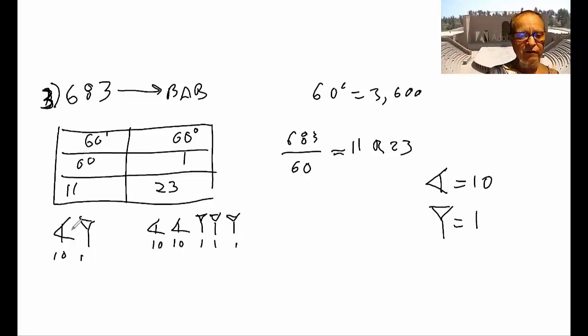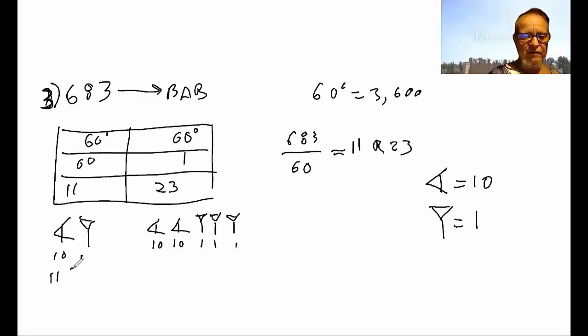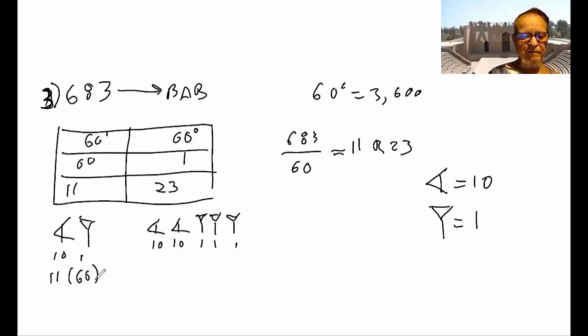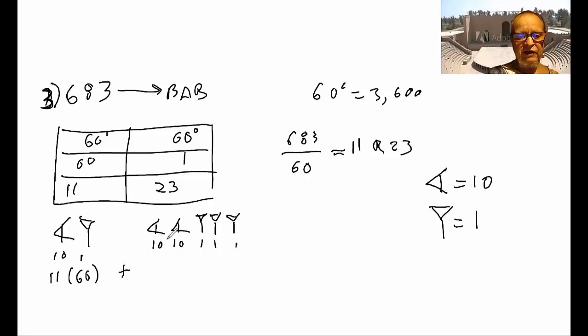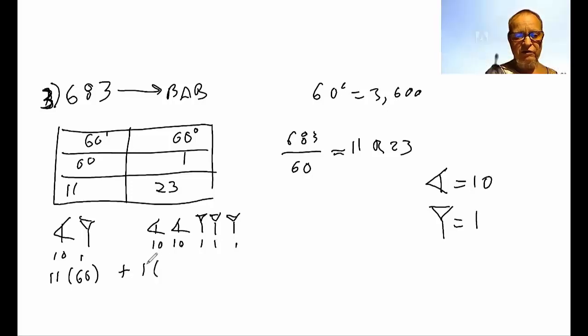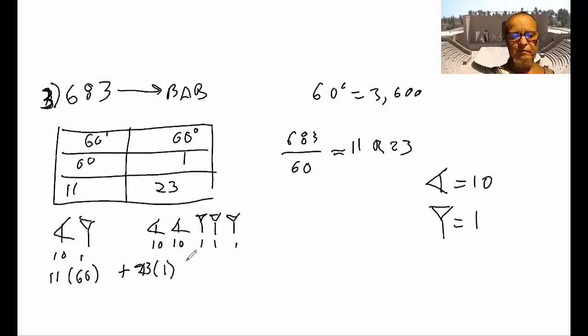But this is going to be multiplied by 60, so this 10 plus 1 is 11 times 60, plus 23 times 1.